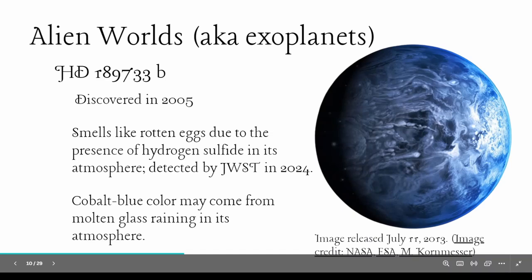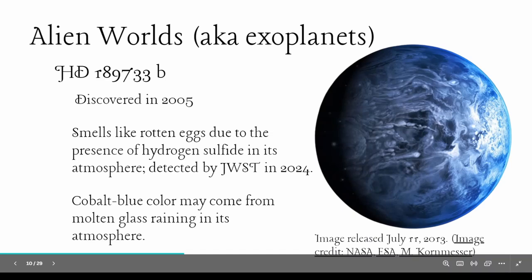So the one we're looking at here is like this really nice deep blue marble. Its name is HD 189733b. So remember that, kids. It was discovered in 2005, and the scientists say that it smells like rotten eggs and it rains glass. And it's like, wow, that's pretty cool. How do they know that?